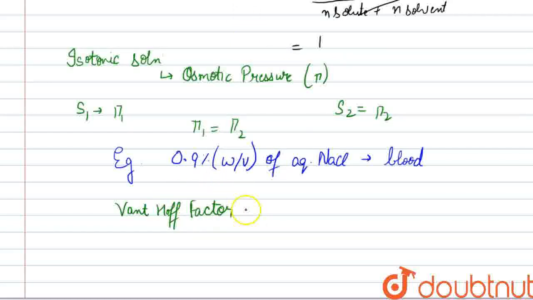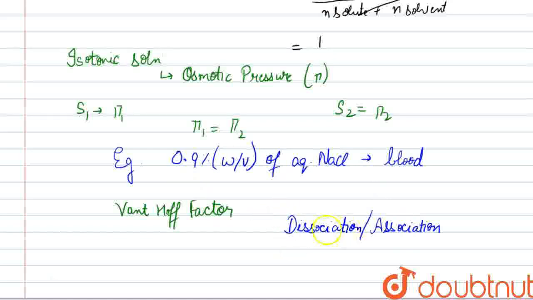Now we know that if a solution undergoes dissociation or association, this will impact the number of moles. So we will get an experimental value of the colligative property and a theoretical value that will not match because of the dissociation or association taking place in the solution.